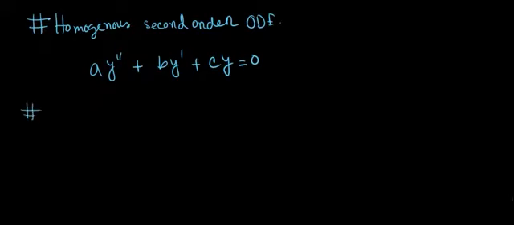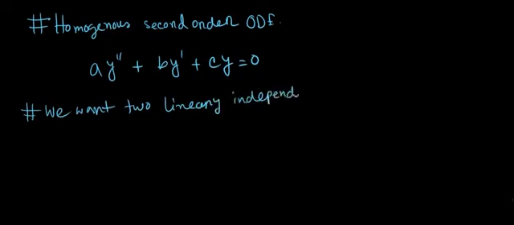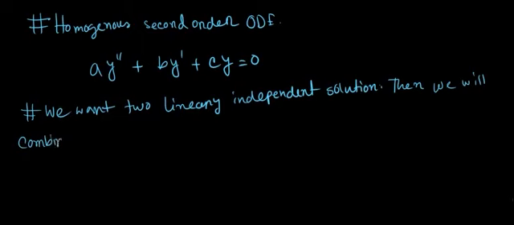So let's write that we want two linearly independent solutions, and then we will combine them to get the full general solution. And note that this combination is also a linear combination to get the full solution.